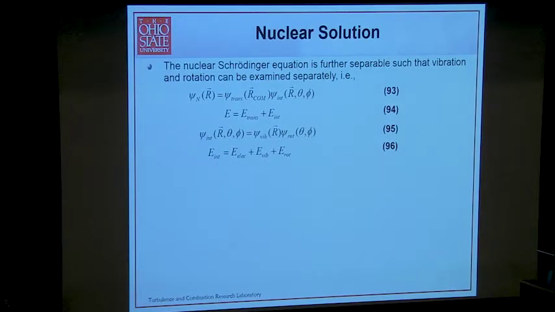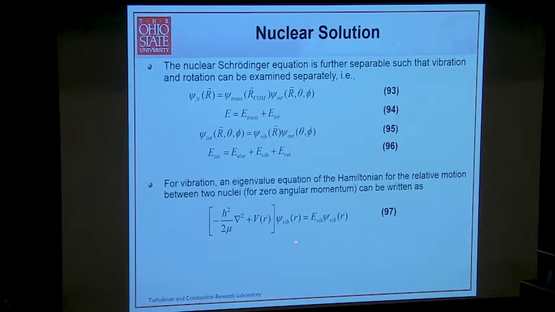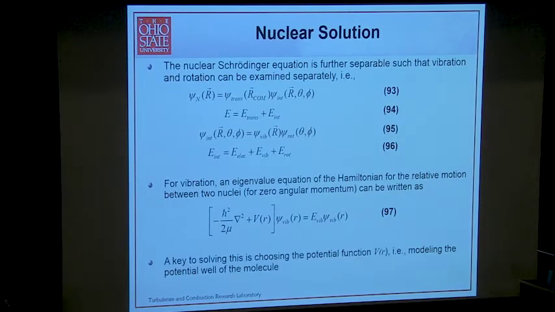When you do all that, lots of substitution and working out, we get down to vibration, where we'll work within this equation. We have an eigenvalue equation of the Hamiltonian for just the relative motion between two nuclei. So that is vibration, right? That's what we want to look at. Again, we have this V, which is a potential interaction. We can call this potential energy. We have our vibrational wave function, and we have just the vibrational energy.